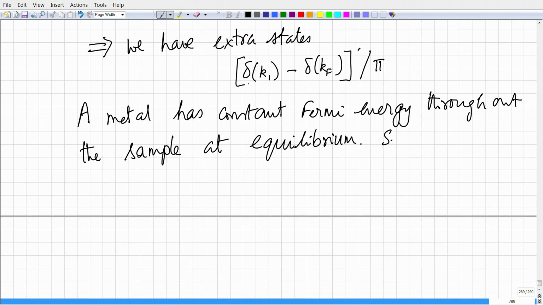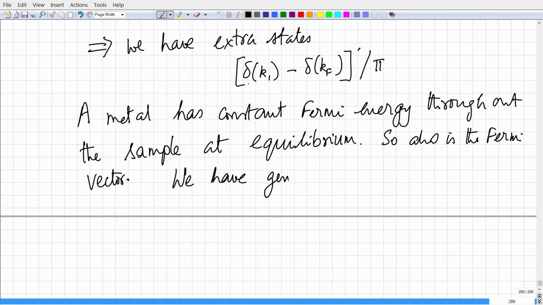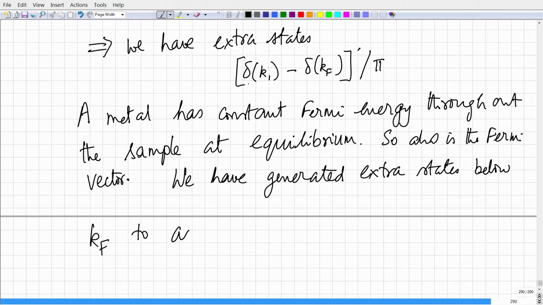So also is the Fermi vector. So what it implies is that we have generated extra states below Kf to accommodate extra electrons.